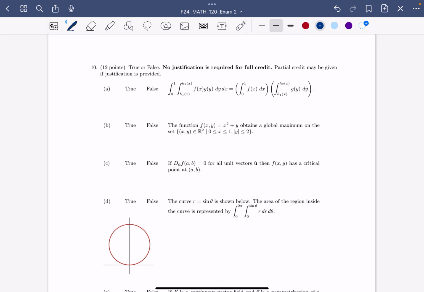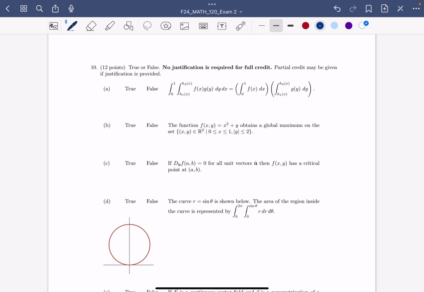So for this final problem, let's just get started. For part A, can we pull out this integral of y and ignore it and not integrate over x for this part?